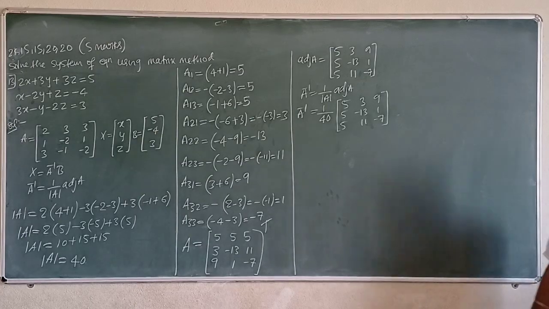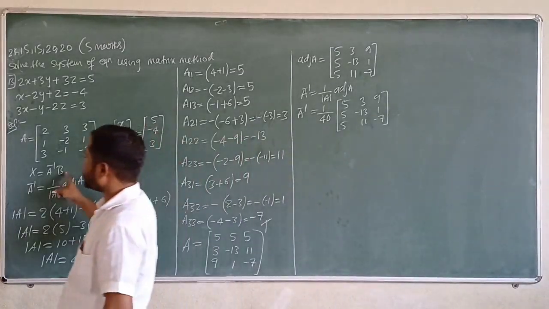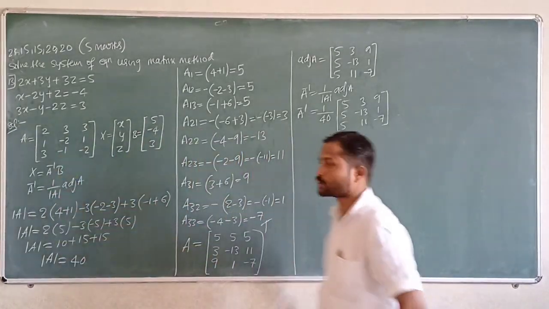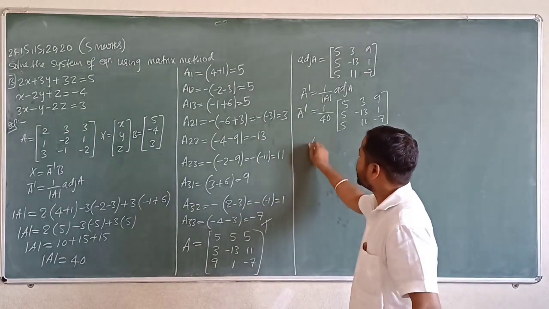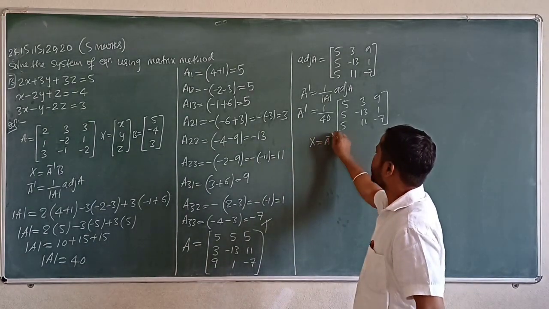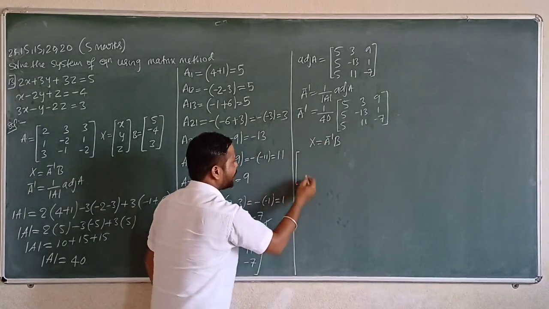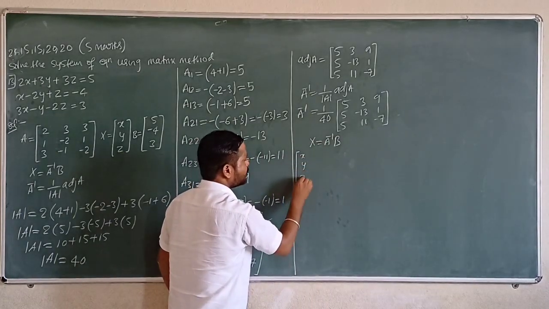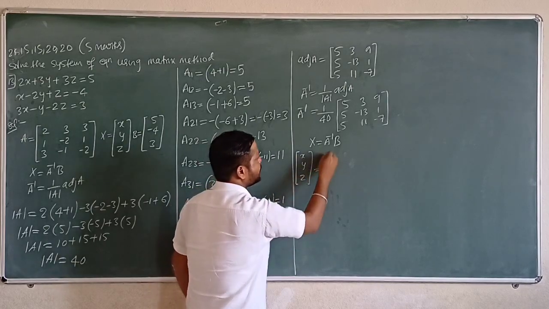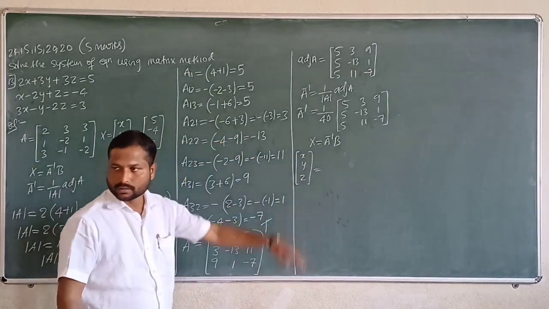Then take the matrix method formula, that is X is equal to A inverse into B now. Take X, meaning the variables x, y, z, is equal to the A inverse answer.